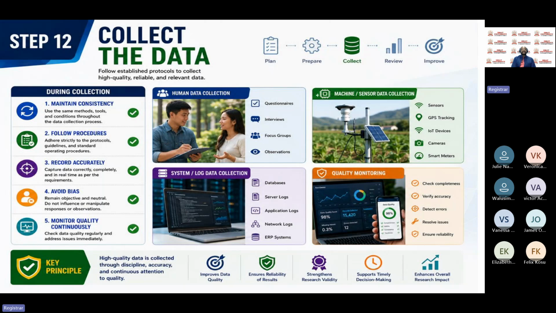So in ICT research, while collecting data, maintain consistency, follow procedures, record accurately, avoid bias, monitor quality, and do it continuously. So the key principle, the basic thing, is that high quality data needs to be prepared.